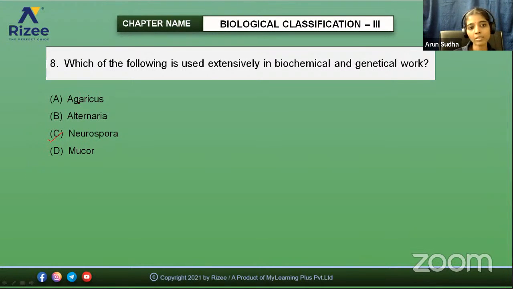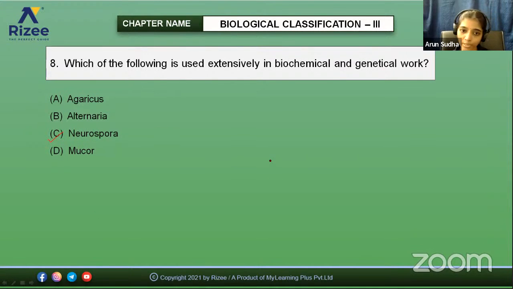Here Agaricus, you know, is a mushroom; Agaricus bisporus is an edible mushroom. Alternaria is an example for deuteromycetes, and it causes the disease called early blight of potato. Mucor and Rhizopus come under the bread mold. But Neurospora is extensively used in biochemical and genetical work.